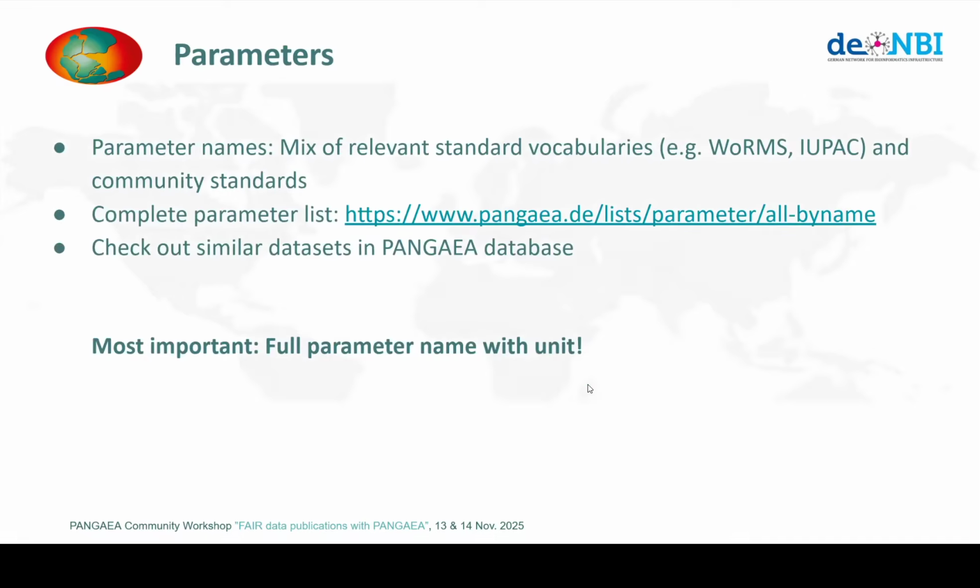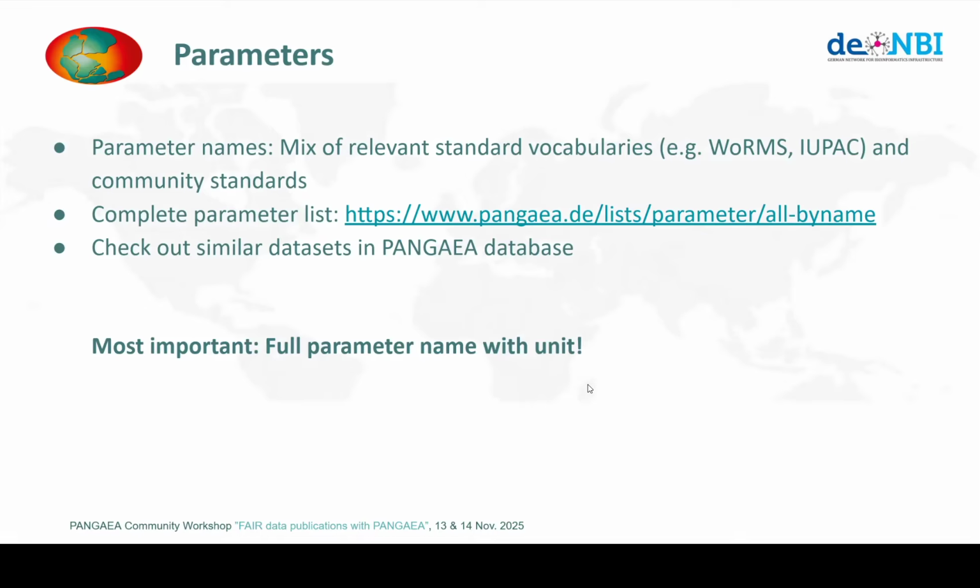Regarding parameters, we use a mix of relevant standard vocabularies, for example, for organisms, the World Register of Marine Species, species names, and also community standards. And you can find a complete parameter list under this link, although it's maybe not so easy to find the right parameter there.